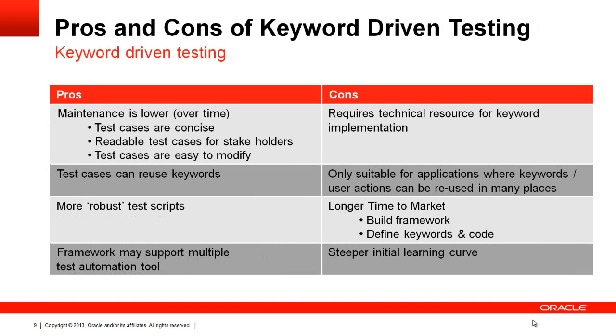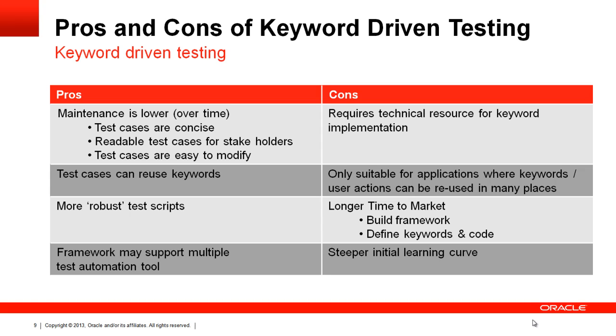The benefits of a keyword-driven testing framework are that the maintenance effort over time, at least, is considerably lower compared to traditionally recorded scripts. And the test scripts are also mostly in a more readable form, which makes it easier to present the flows to test managers, to management generally.